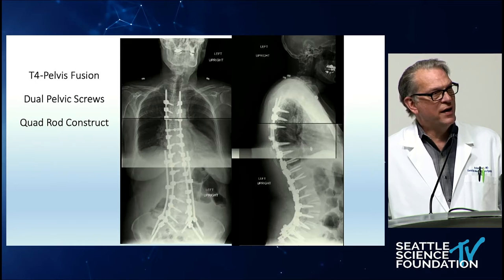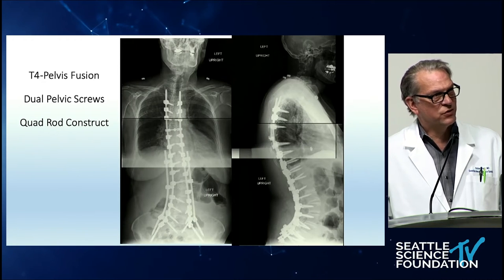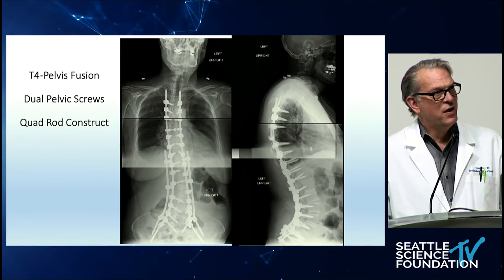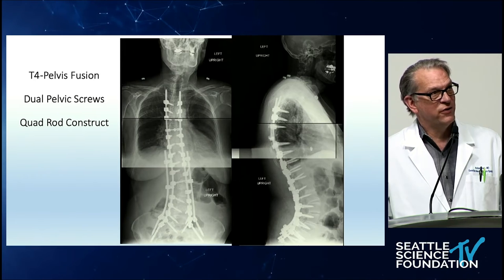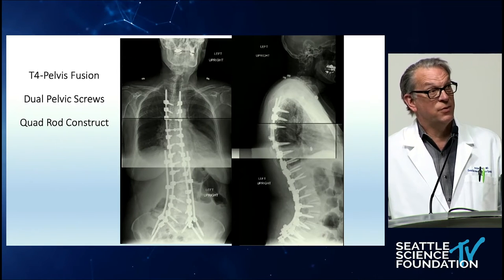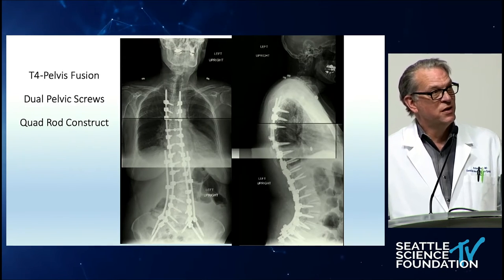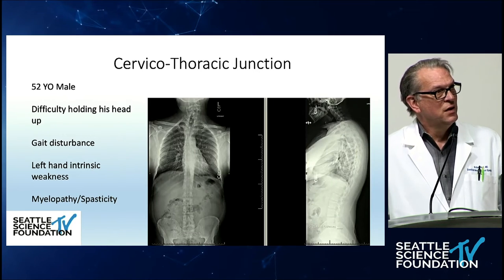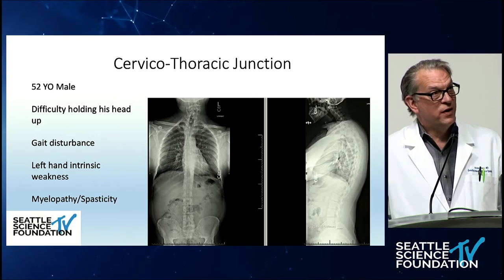I now am using dual pelvic screws at the bottom on both sides, using that as the distal anchor for the outrigger rods, and then 2 or 3 dominoes, or now dual head screws, above, up to the level of at least T12. I use pretty much the same base construct whether I go to the upper thoracic or thoraco-lumbar junction. This is an example, obviously, of upper thoracic correction. I'm starting to use them now also in cases where we need to cross the cervical thoracic junction.